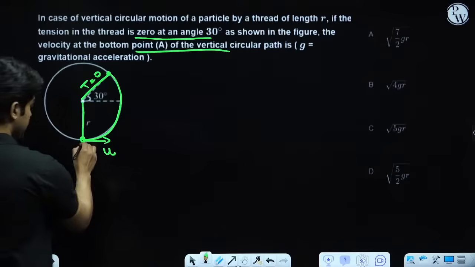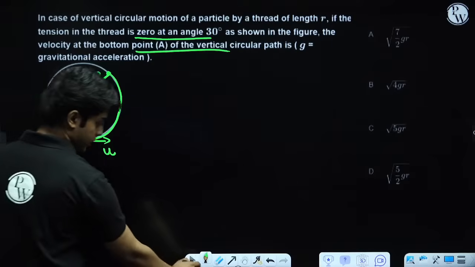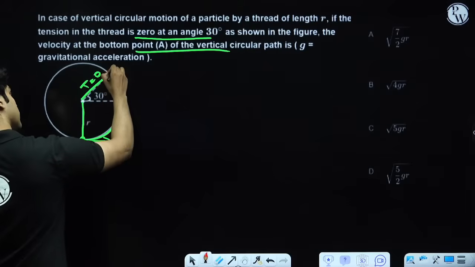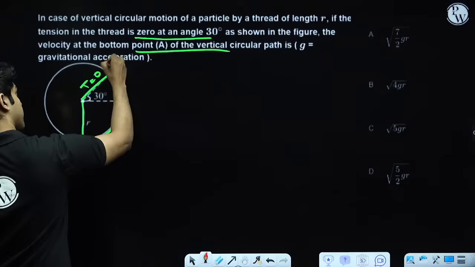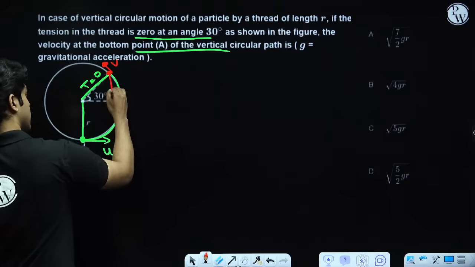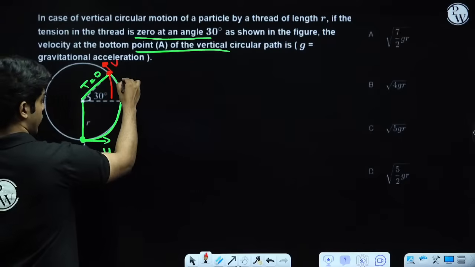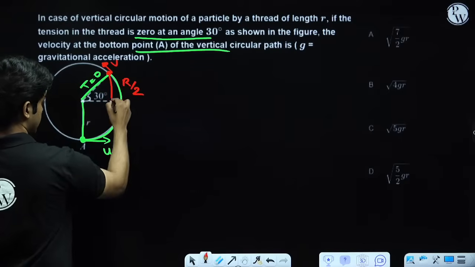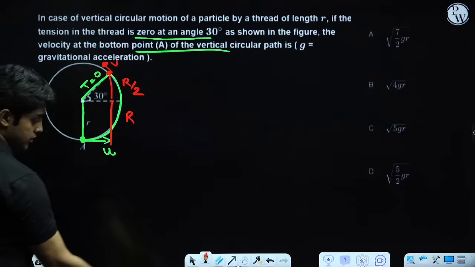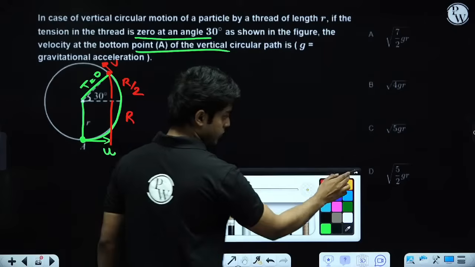So firstly, we'll conserve energy between the bottom point and the top point, this particular point. So let's say the velocity at this point is some v. So this height, this is r sine 30, so r by 2. And this height is of course r. So the increase in gravitational potential energy, the height increase is 3r by 2.